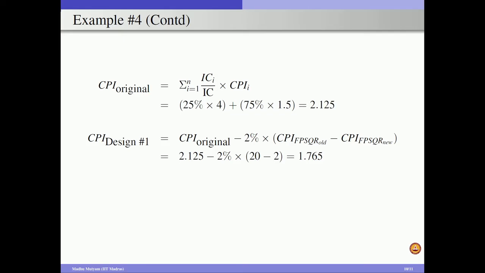Yes, this is better than the original CPI, but it is not saying anything about whether it is better with respect to design 2. Let us see what is the CPI of design 2.